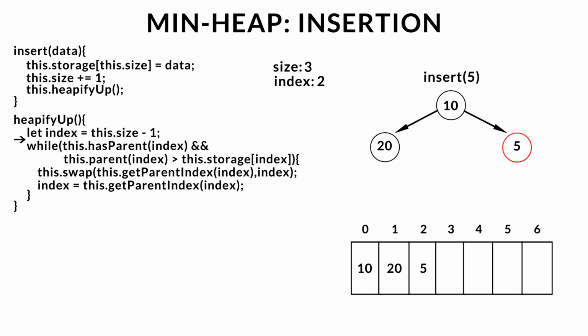Next, let's execute our while loop. Does this node have a parent? Yes, it does. Is the parent greater than its child? Yes. So we go ahead and swap the data between the two nodes. We then go ahead and advance up the tree. Executing our while loop once again. Does this node have a parent? It doesn't. So there's nothing left to do, so we get kicked out of the loop.